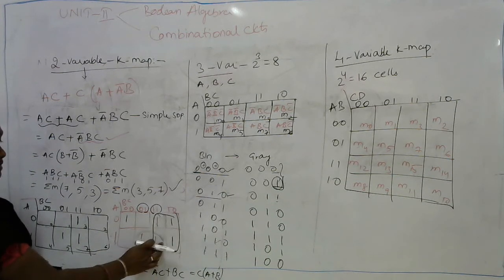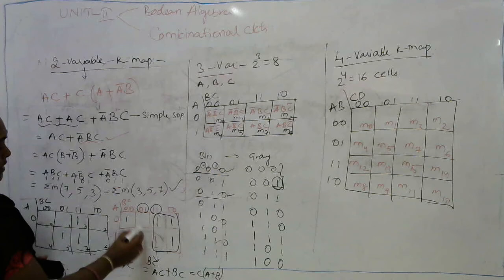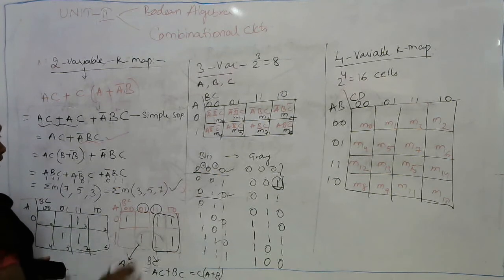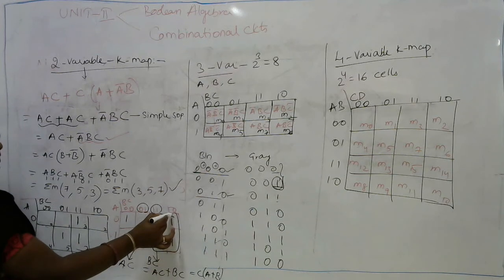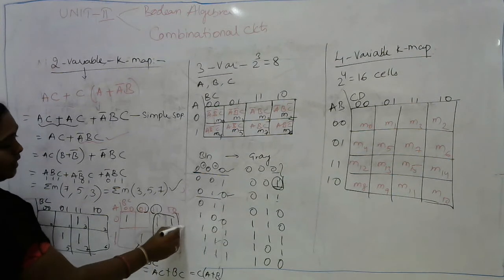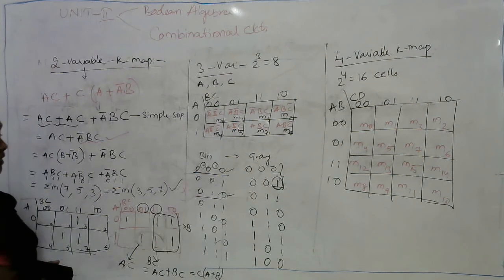This one is adjacent. So for this quad, it is present in two rows, so the row will be cancelled out. It is present in two columns. Compare the corresponding numbers present in the columns. This is 1 1, this is 1 0. So the C variable will be cancelled out, leaving only the B variable.